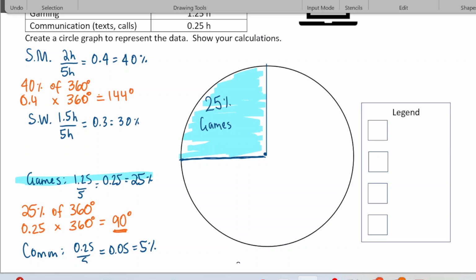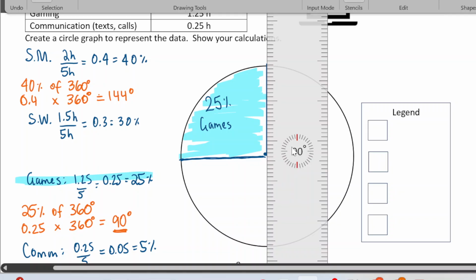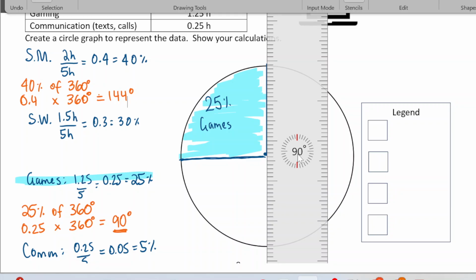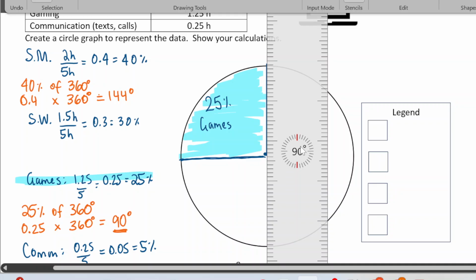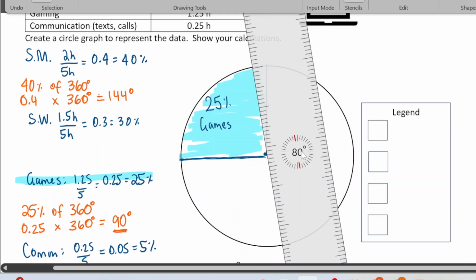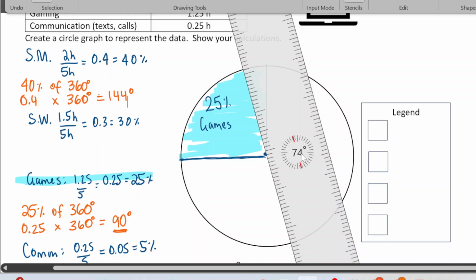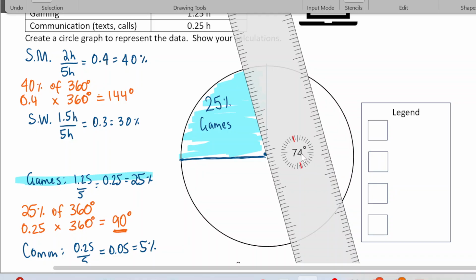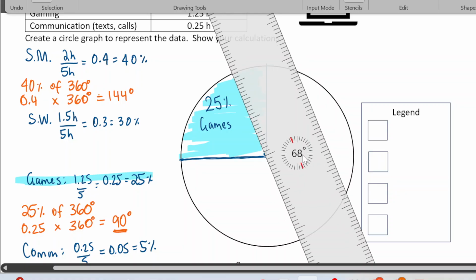So 144 degrees, you want to find that on your protractor, and we're going to go from that previous section. So a whole 144 is 90 plus 54. It's a little bit tricky because 144 minus 90 is kind of what I want to find here. 54.